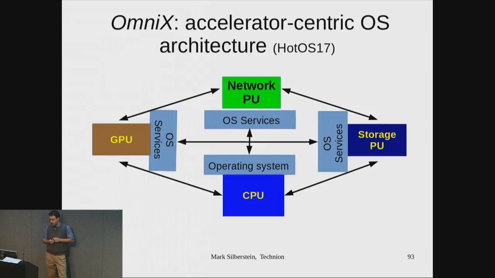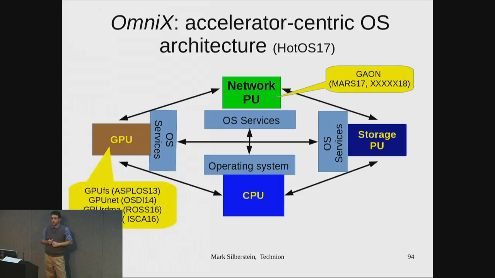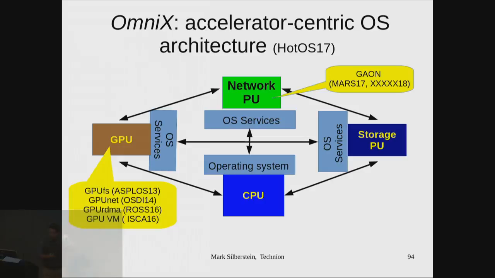The idea is to build an accelerator-centric operating system, with operating system services spread out over all these programmable devices. We have done a little bit of work on that for GPUs, with file system, networking, and RDMA support from GPUs. We are now doing that with NICs, and the next frontier is storage.